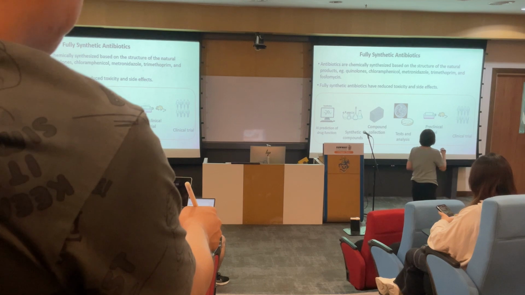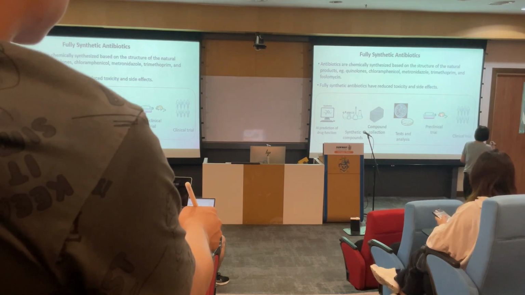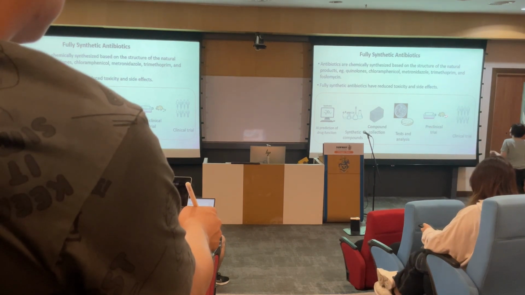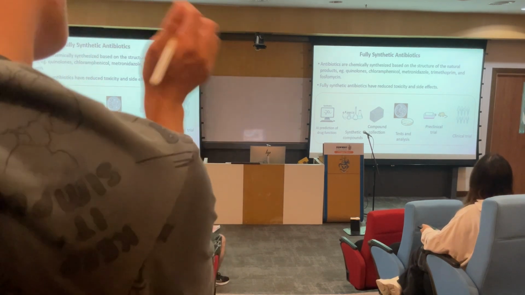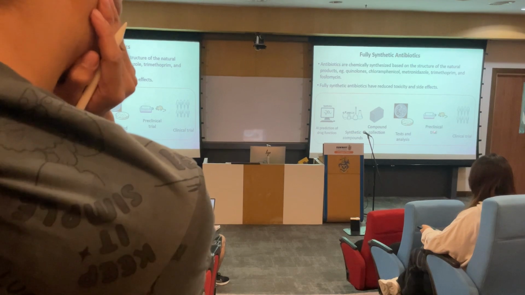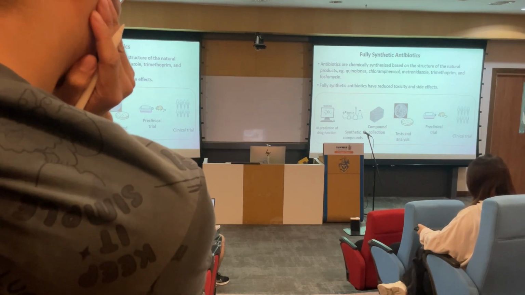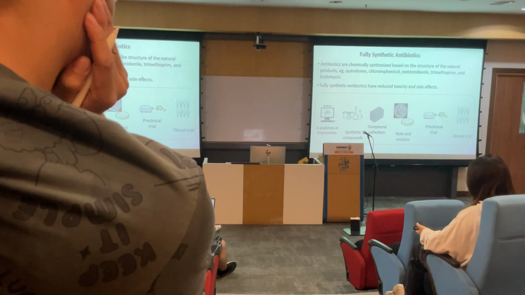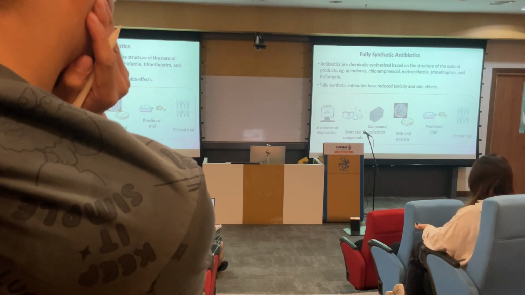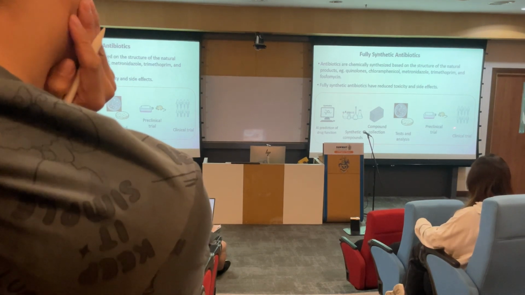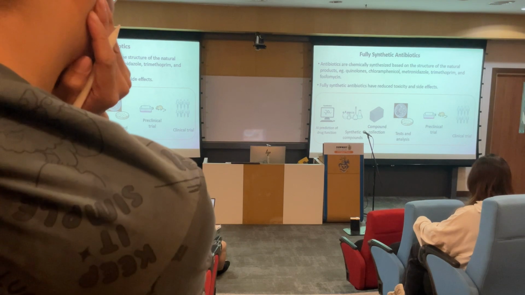So how do they further test? Of course, they need a preclinical trial just to test how useful it is. Let's say they infect mice with bacteria, and then they try this synthetic compound on the mice, to see how effectively this synthetic compound can kill the bacteria. Of course, you also have a clinical trial eventually.